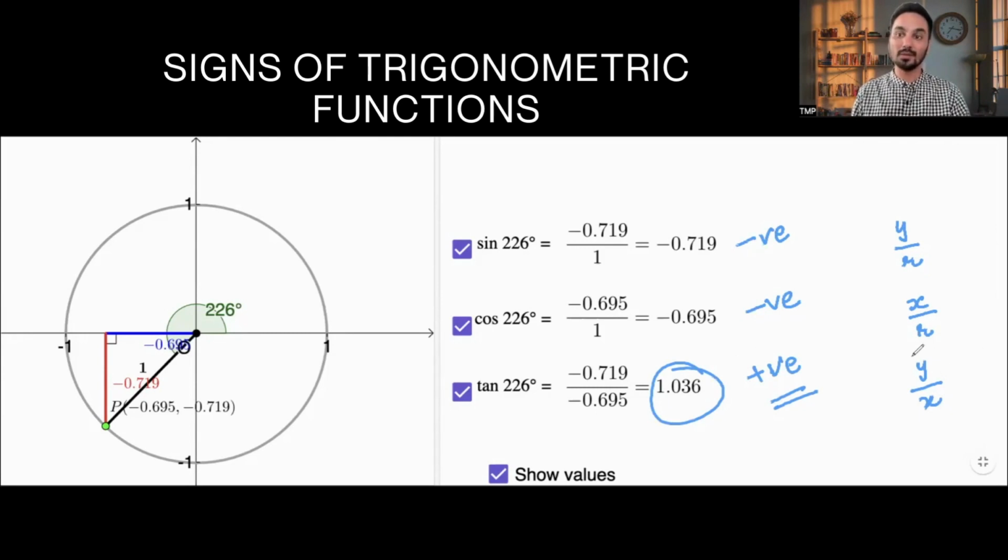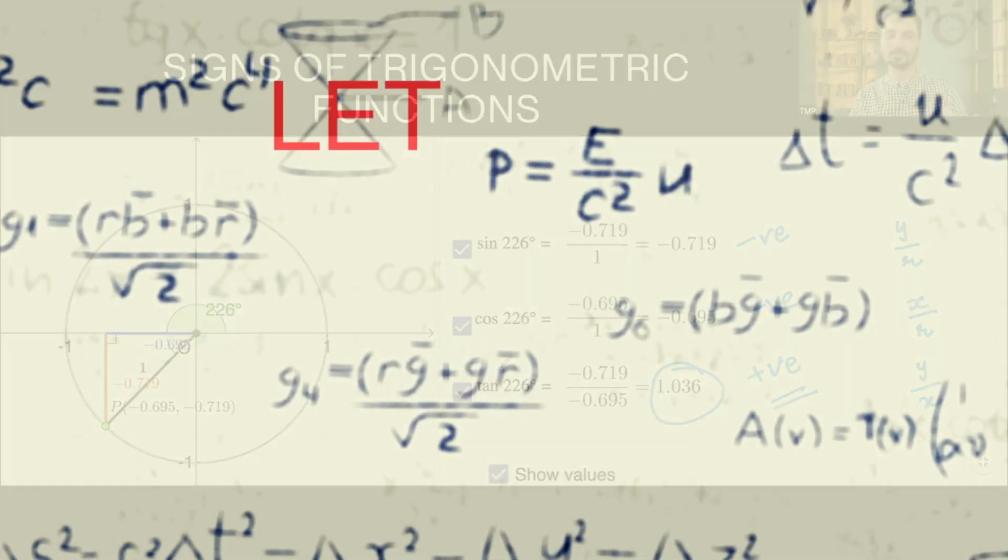Yes, you are right. Because a negative number divided by a negative number, so negative value of y divided by negative value of x, will give you a positive answer. So that's why only tan is positive in the third quadrant, but sine and cos are negative. And it's quite obvious that the reciprocal of tan will also be positive, and the reciprocals of sine and cos will be negative.